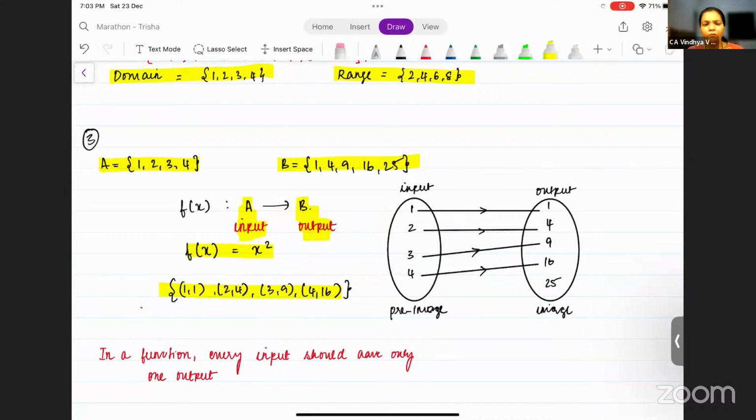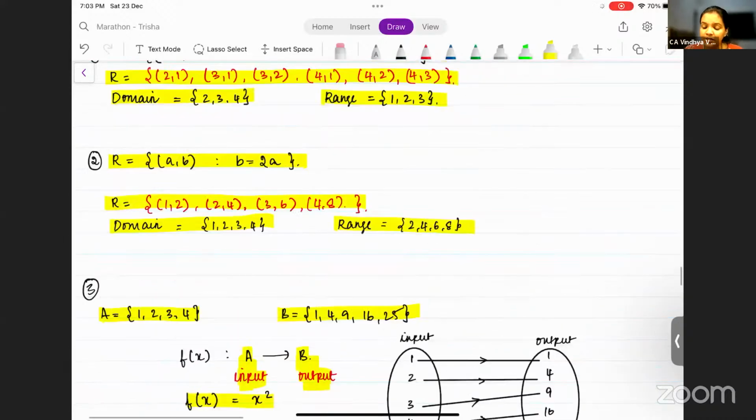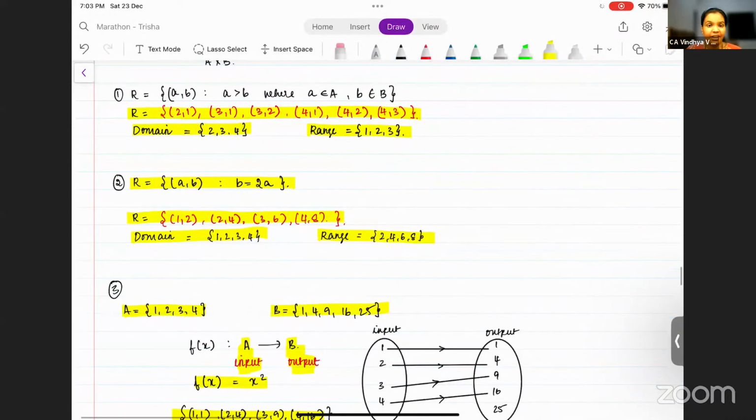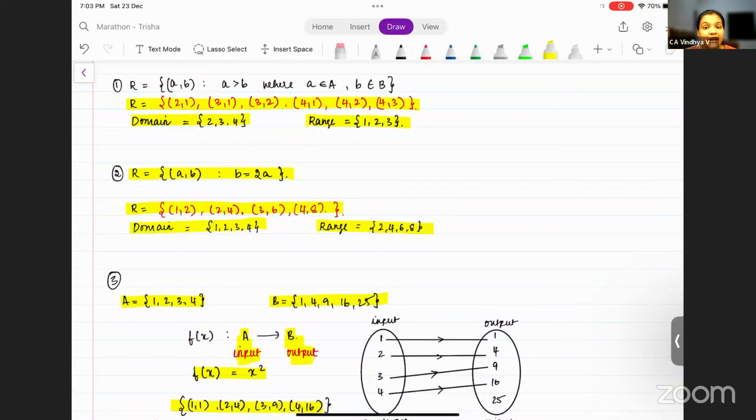Okay. Now, out of these 3 examples that we have considered, one of them is not a function. Now, which one is this that is not a function? The first example is not a function. Why?